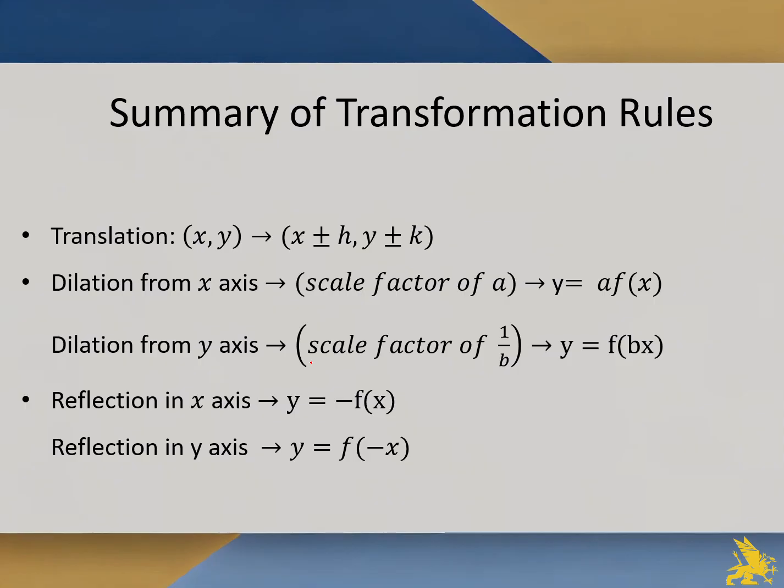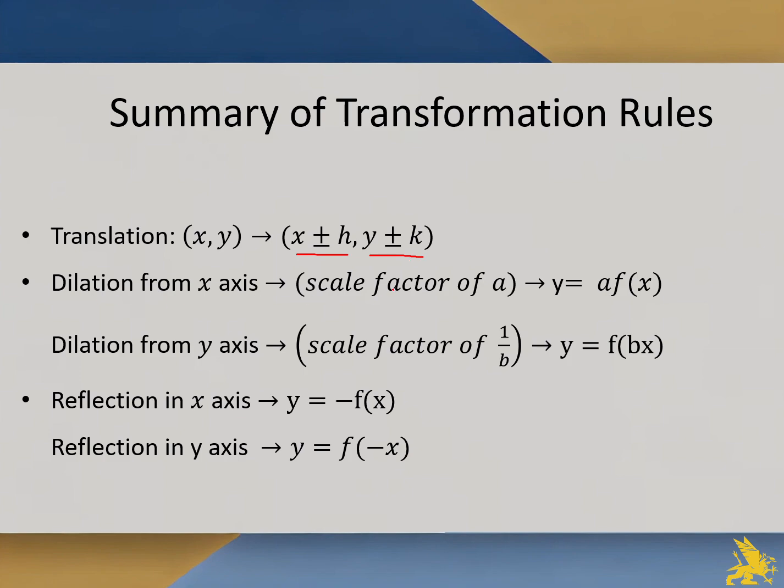If we're doing any translation, vertical or horizontal, all we are doing is adding a value or taking away a value to our y. The next thing we need to think about is our dilation.